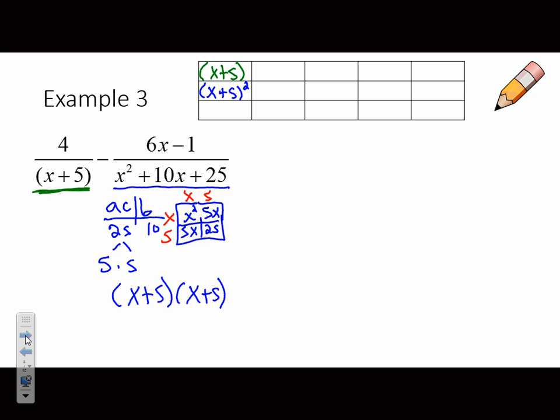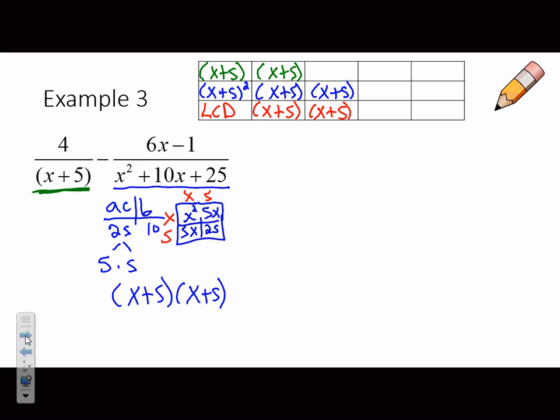And my goal here is to find my least common denominator. So when I do this one, I'm going to have x plus 5. And on the bottom, my second fraction, I have 2 x plus 5. So I have x plus 5 and x plus 5. To find my least common denominator, I'm going to bring everything down. So here I have x plus 5 and x plus 5.